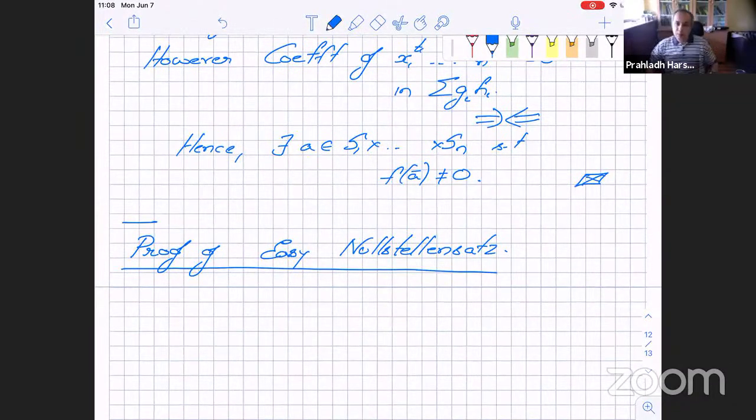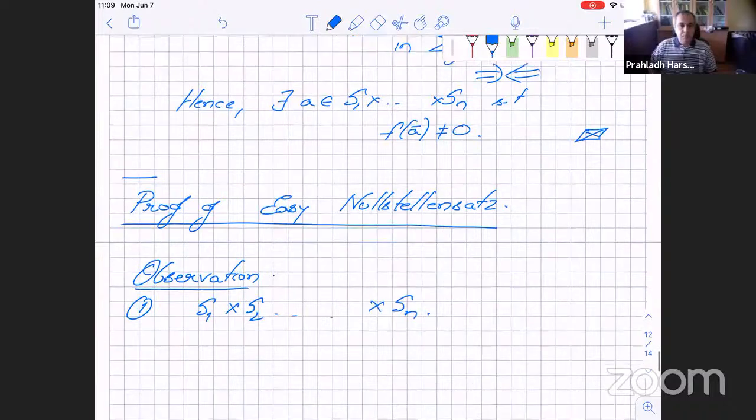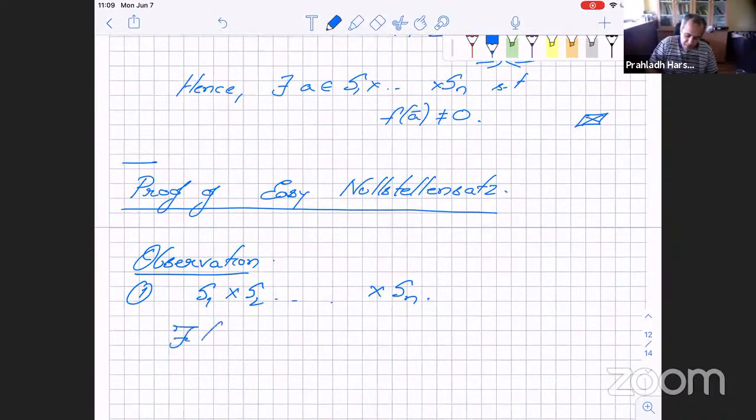And this is going to come from two nice observations. The first observation, which will actually form the basis for everything I'm going to do in the next lecture, is two facts. So we are working with the grid again, S1 cross S2 cross Sn. Once again we are given each Si of size ti plus 1.